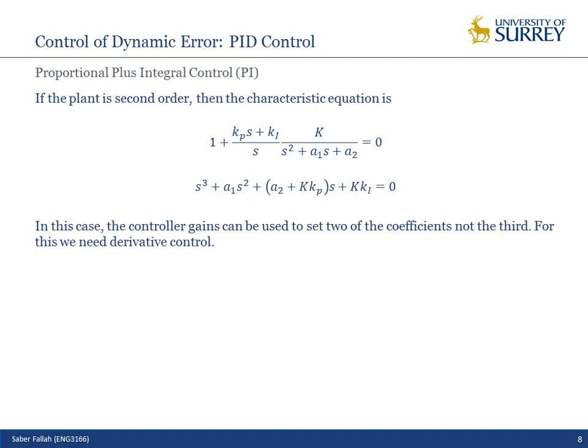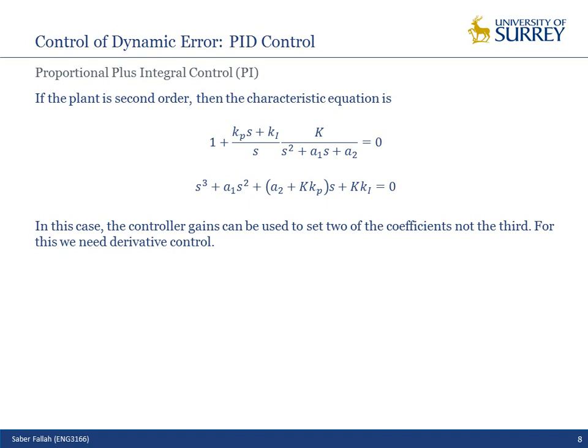I can adjust two coefficients of the polynomial, the characteristic equation, but I can't change the third coefficient. So again, with the PI controller, the performance will be limited. That's why I need a PID controller to work with the third coefficient as well.